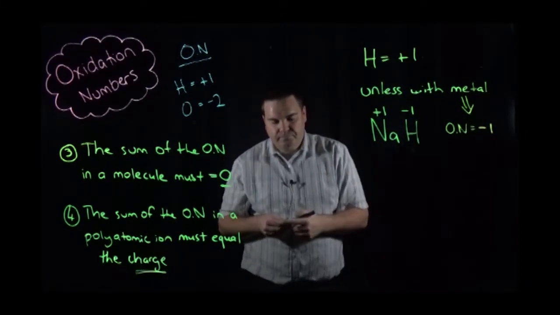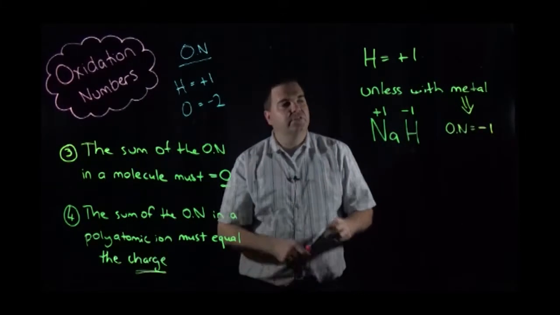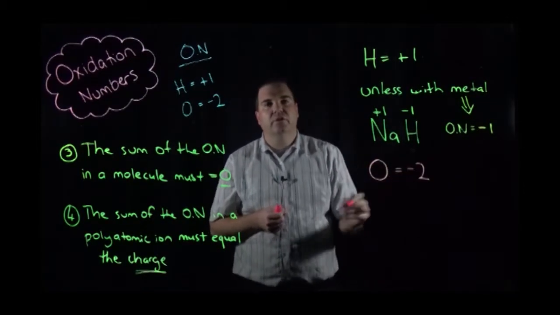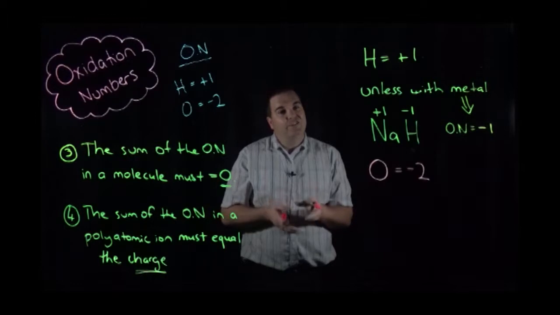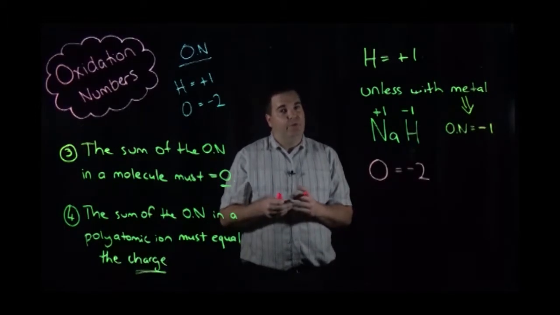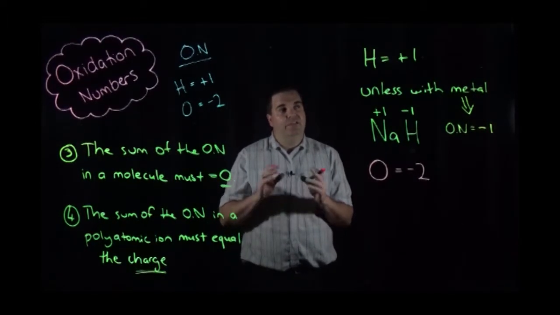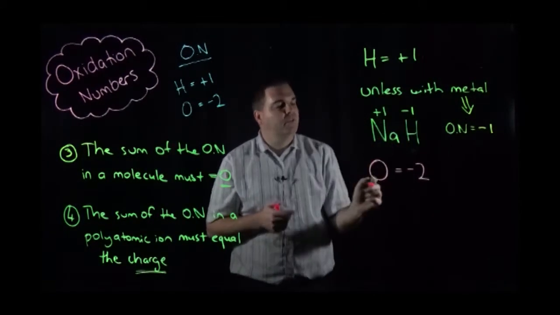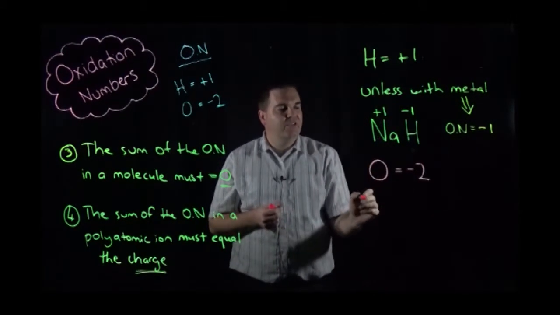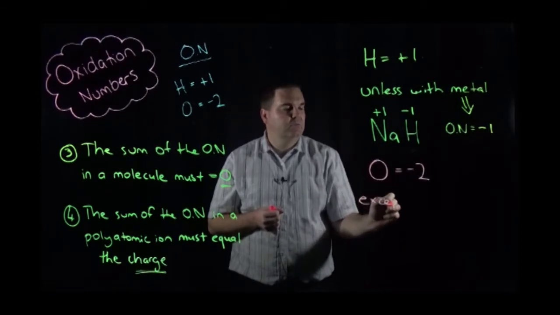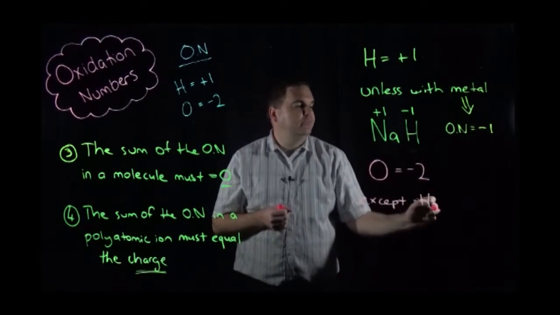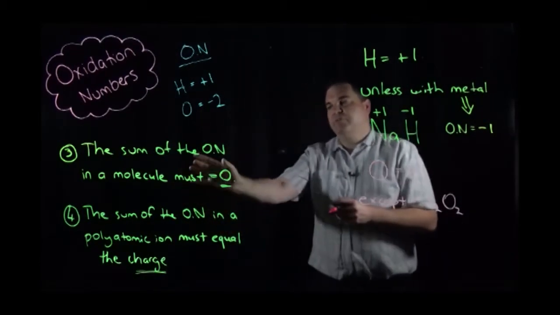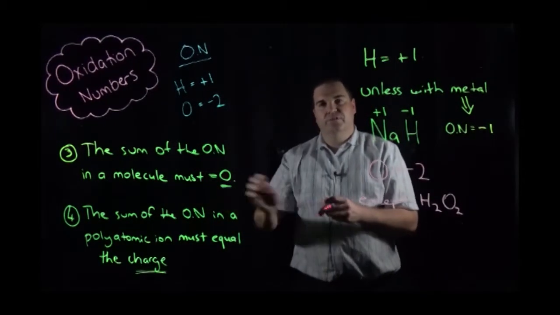So if it's with a metal, the oxidation number is then going to be -1, and that's the only time it's different. For oxygen, oxygen is always -2. The only situation where that is different, hopefully you'll be able to work this out, is when it's with hydrogen. If hydrogen is always +1, in the case where you get hydrogen peroxide, H2O2, again, the sum of the oxidation numbers in the molecule must equal 0.